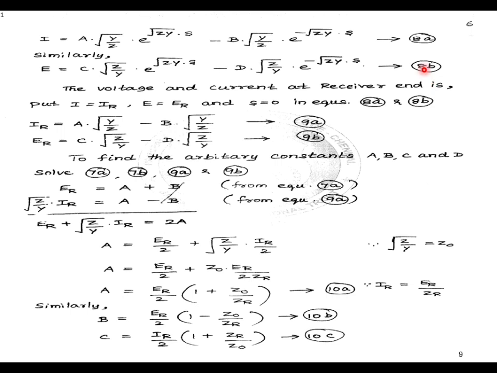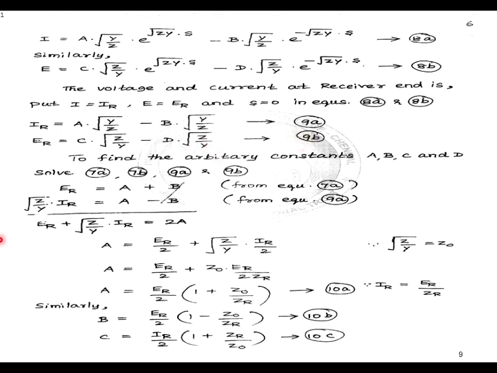Here e power 0 is 1. So you get IR equal to A into root of Y by Z minus B into root of Y by Z, and similarly ER equal to C into root of ZY minus D into root of ZY. This is 9a and 9b.